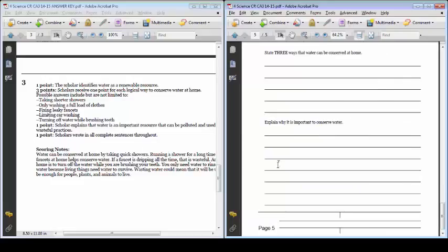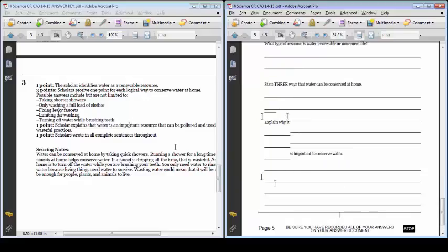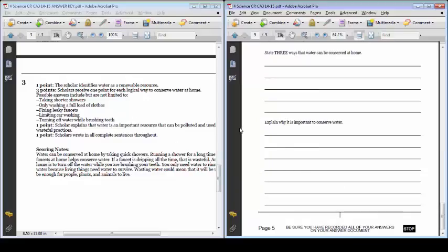This third part is, why is it important to conserve water? Here's an example right here: water is an important resource that can be polluted, or water is an important resource that can be used up quickly if people are practicing wasteful practices. Scholars should receive 1 point for this, noting that it's an important resource, that it can be used up, hard to clean, something along those lines.